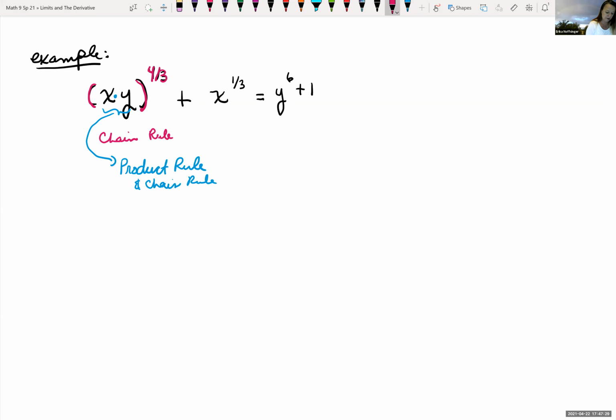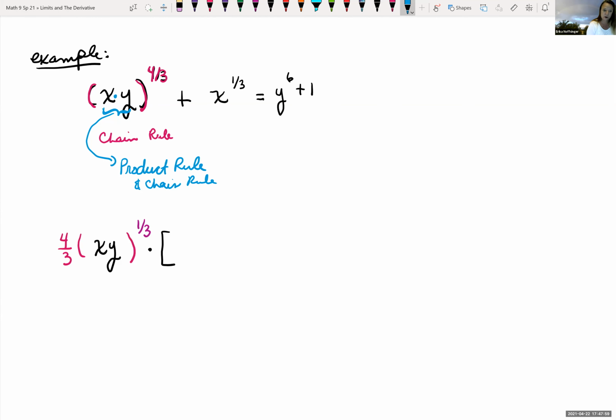So taking the derivative of the first piece, we're going to do 4/3, bringing it down, the power of the inside, not touching the inside, xy. Subtract 1 from our power, so 4/3 minus 3/3 is 1/3. Times, though, the derivative of the inside. So that's the derivative of x times y.